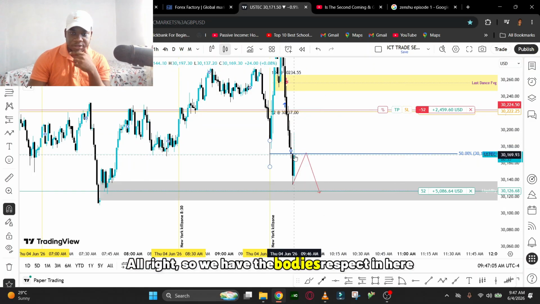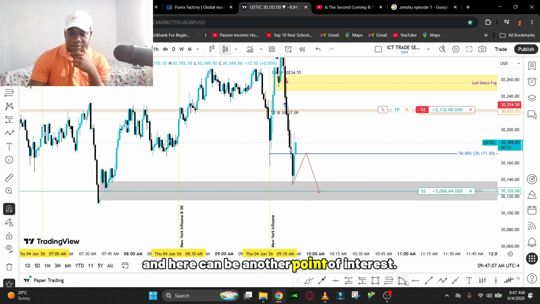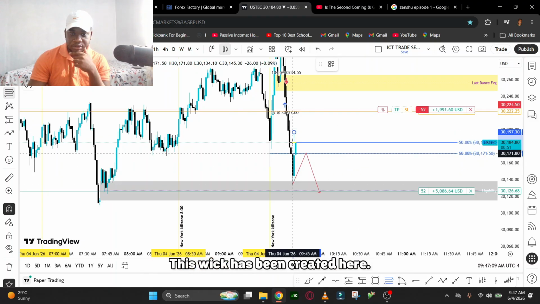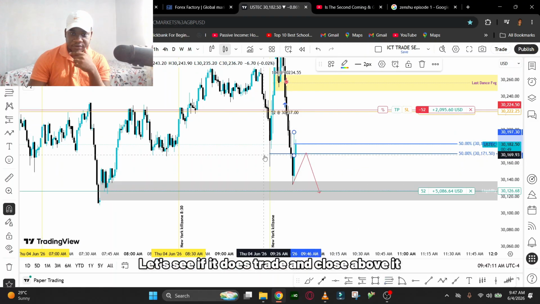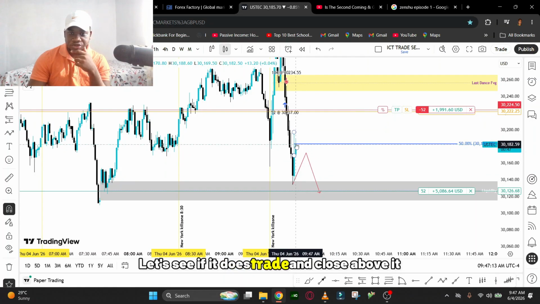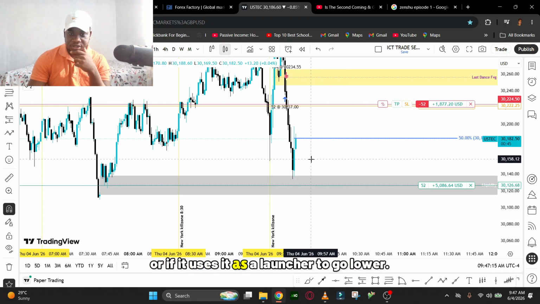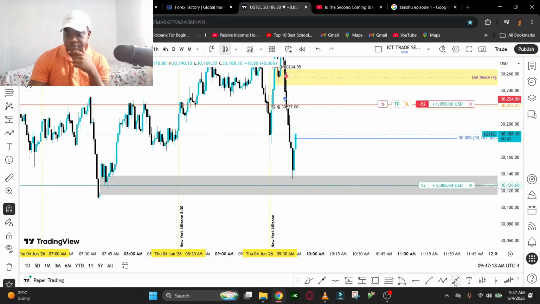Alright, so we have the bodies respecting here, and here can be another point of interest. This wick that's been created here, let's see if it does trade and close above it, or if it uses it as a launcher to go lower.